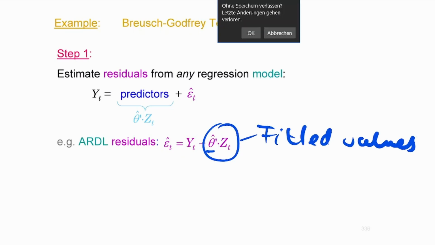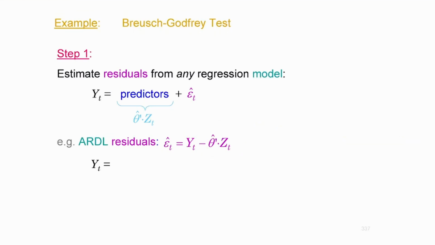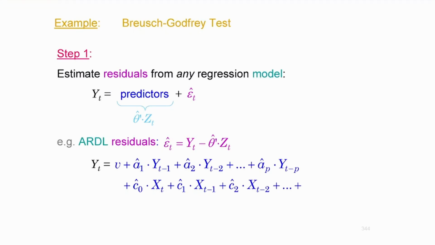Good. Now, let's say you have an ARDL model, where you would have an autoregressive component as well as another predictor involved for another variable. So this is a distributed lag version, and then you have the noise.